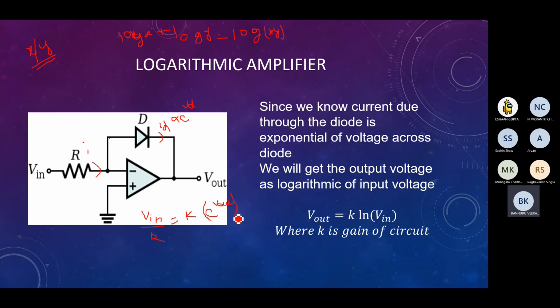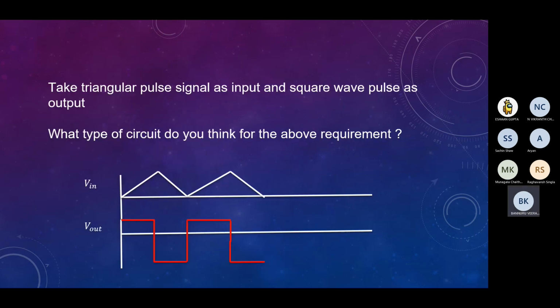If we take log on both sides, we get V out equals some k times log of V in. Here k is the gain of the circuit.